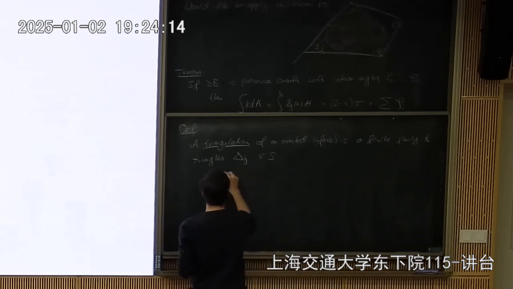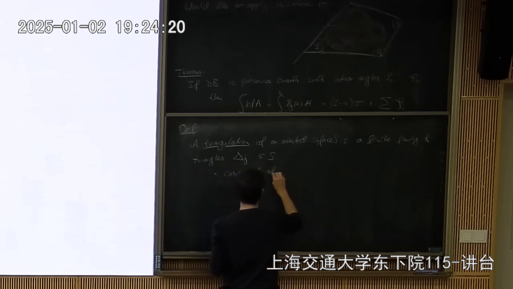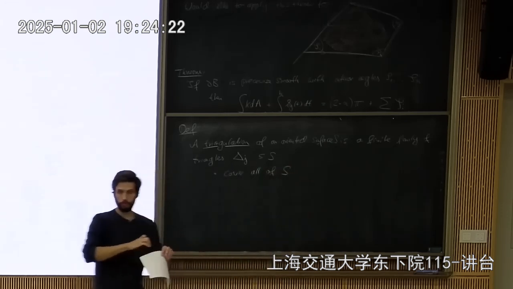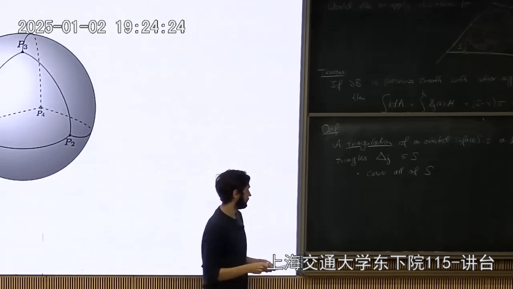They cover all of S. So if you put all of the triangles together, you get the whole surface back.